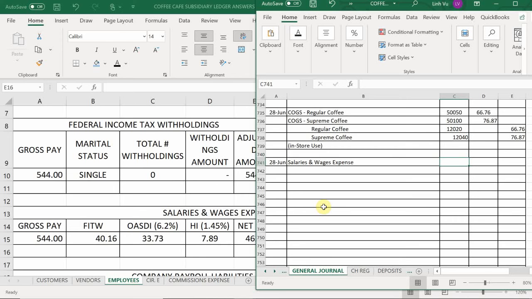Account number 6810. Good. Payroll expense, which in this case is going to be broken down into salaries and wages expense. And checking. Okay, so checking is one of them.